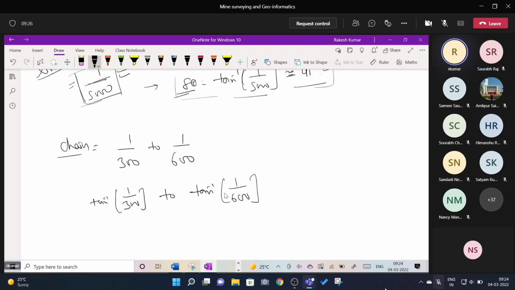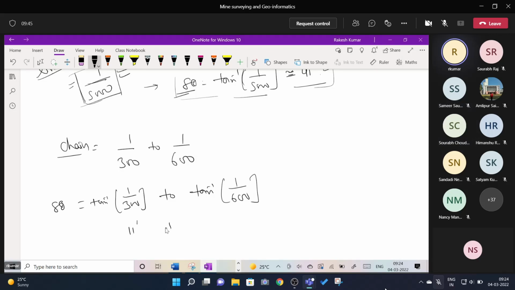calculate the inverse. This is your delta theta. You can convert it. What is the value? The first one is 11 minutes 27 seconds. 11 minute.